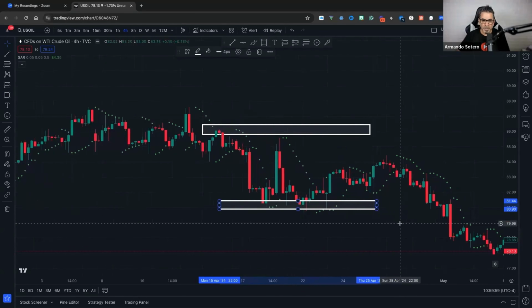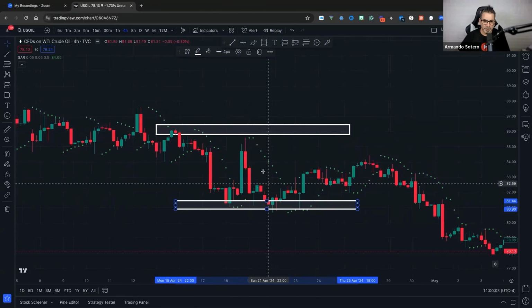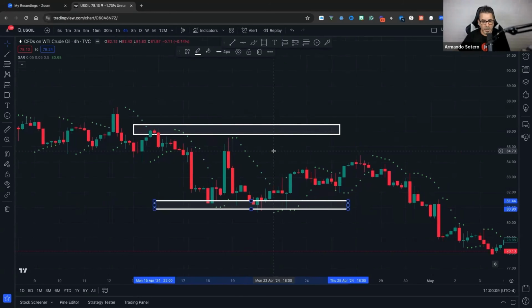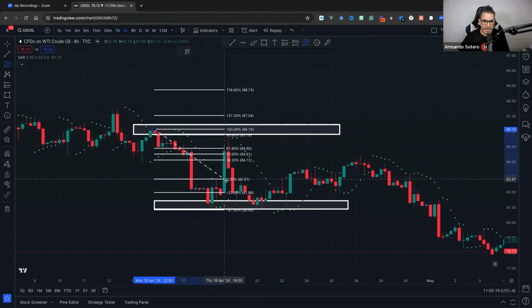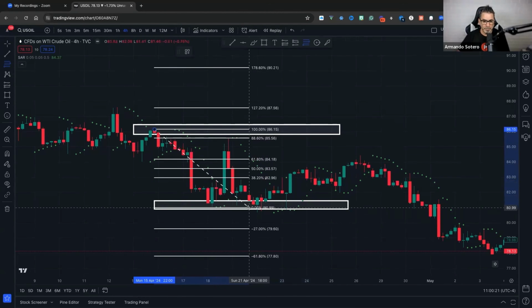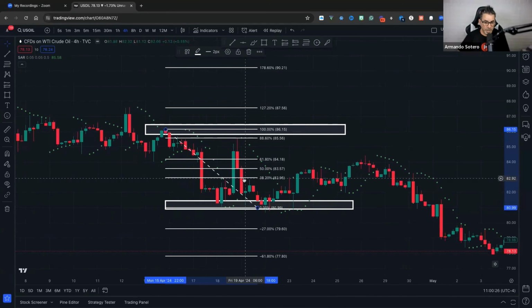Okay, so when we're looking for this first area right in here, we can see here that price began to come up towards an area of resistance. Now, if we add one more little tweak to it, and again, this might be a little bit advanced for some of you, you can just trade with the SAR by itself. But what I want to do is give you some value while we're here by adding a Fibonacci level, so you can now confirm a couple of things.